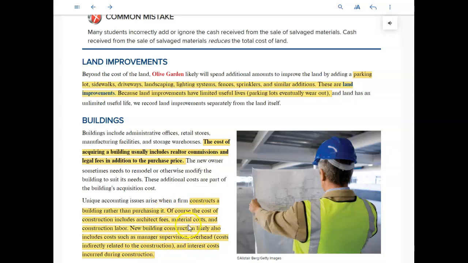All that would be included in the cost of the building. So it's not just the building purchase price, but other costs involved, or if we build the building, we have a lot of other things we'll add into the cost of the building itself.